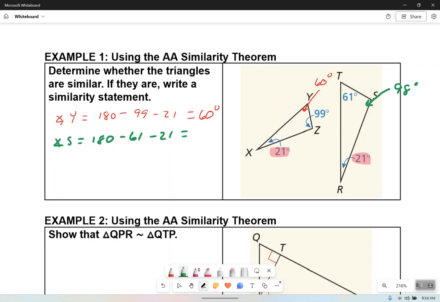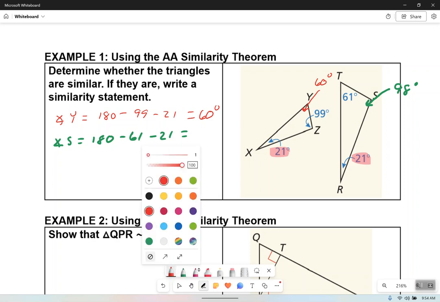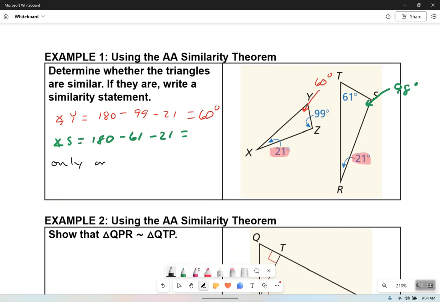Guys, do I have pairs of angles that match? 21's a match, right? Is there another pair of angles that match? So can I use angle-angle similarity here? So in this one right here, I can only say how many pairs of angles are equal. Only one pair of angles are congruent.